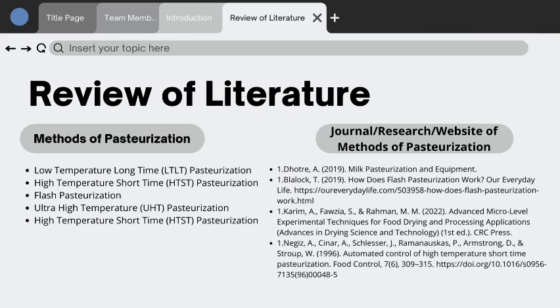Lastly, these methods are also from the research of Automated Control of High Temperature Short Time Pasteurization, Food Control, by Negis, Sina, Shashliza, Romanaukas, Armstrong, and Stroud.